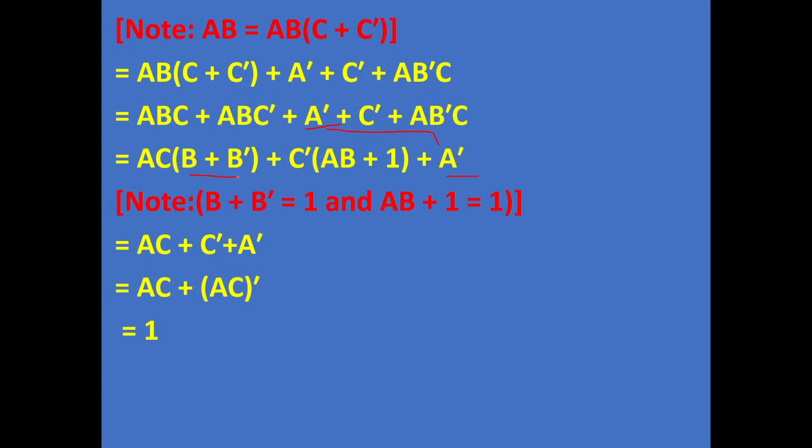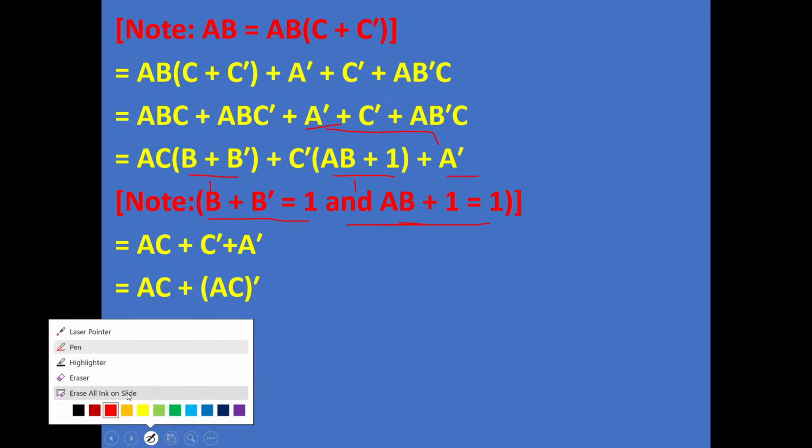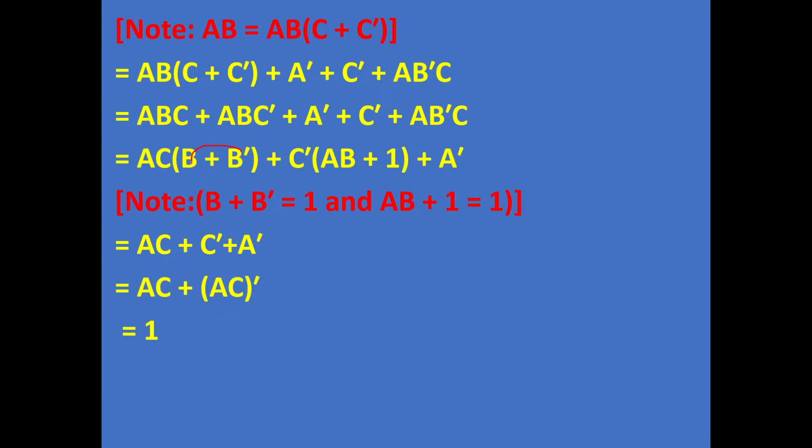Now what is B plus B bar? B plus B bar is 1. AB plus 1 is also 1, according to one of the Boolean algebraic rules. Therefore, replace B plus B bar with 1, and AB plus 1 with 1.